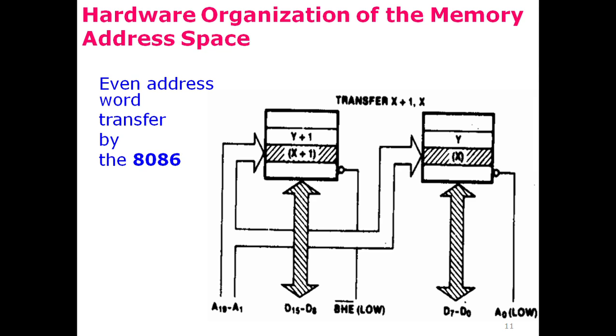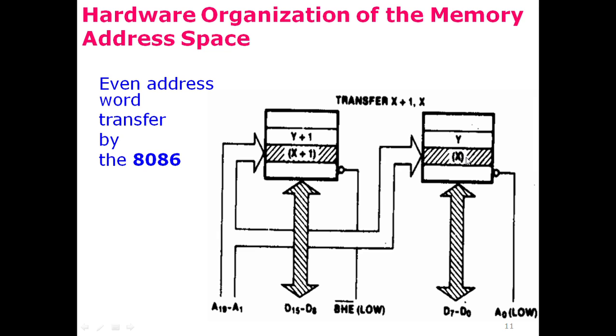Because in the 8086 microprocessor there are 16 data pins, and the data bus is 16 bits, that allows the microprocessor to read or write 16-bit data in one cycle, unlike the 8088 microprocessor, where we saw that 2 bytes of data can be transferred to or from the memory in 2 bus cycles. In this case 16-bit data or 1 word of data can be read or written to the memory in just 1 bus cycle.